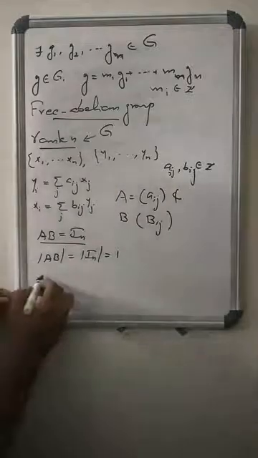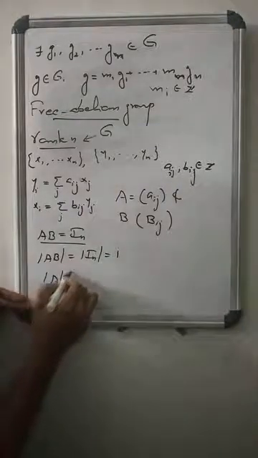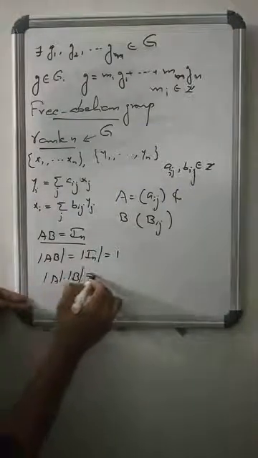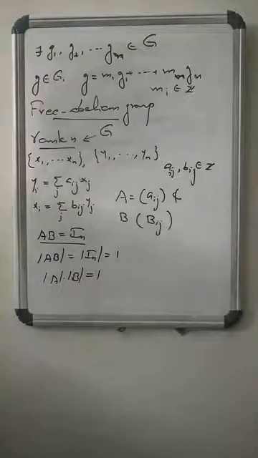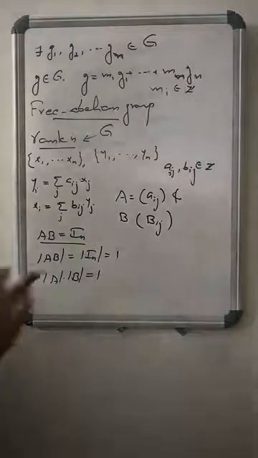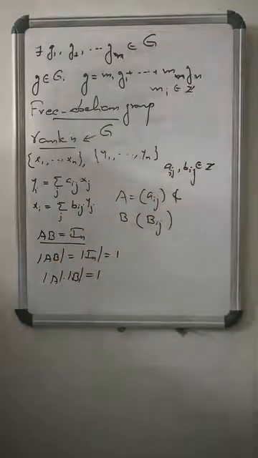Determinant AB is determinant A into determinant B. So determinant A into determinant B is 1. But we know that aij and bij are integers.